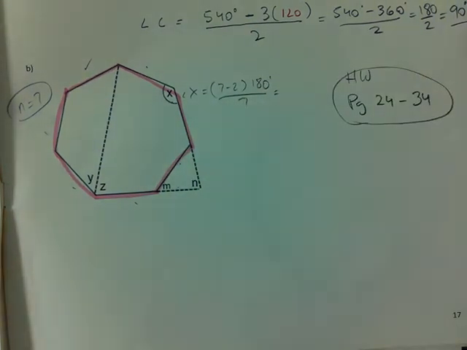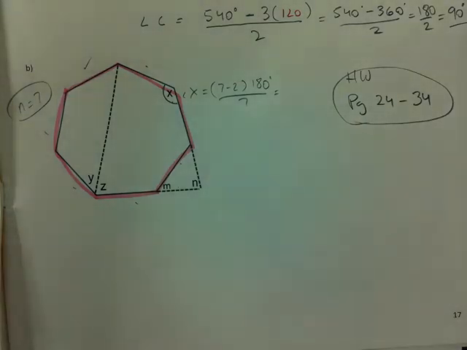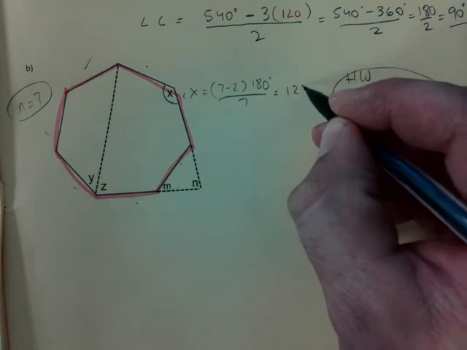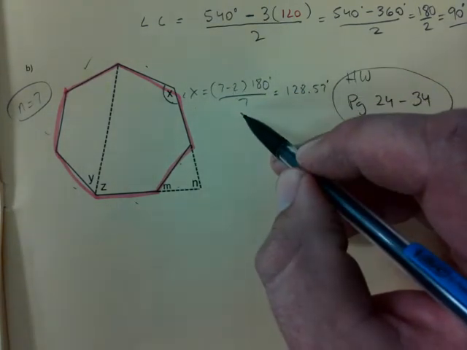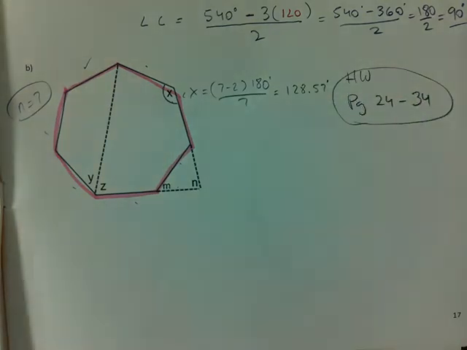I'm going to peek in my notes so that it goes a little faster so we don't run out of time. Right here, and x ends up being 128.57 degrees. Obviously, you do the top first, then you divide by 7, and that's what you would get.